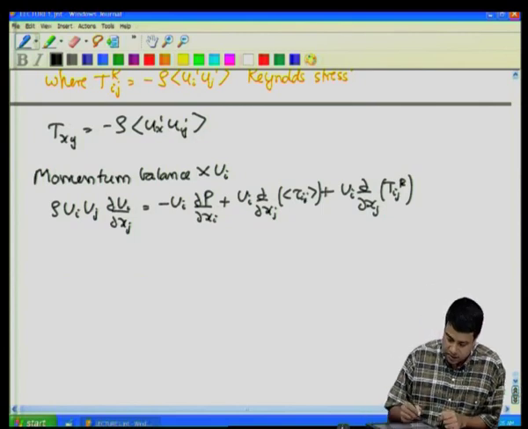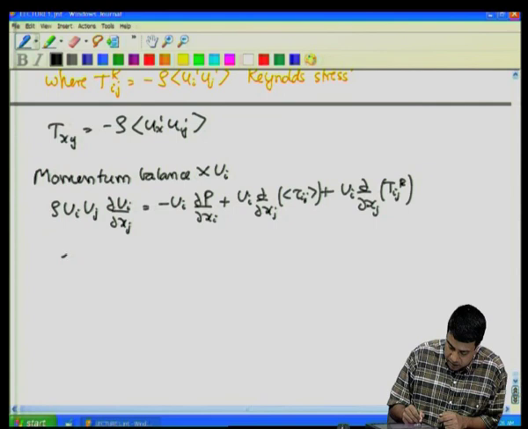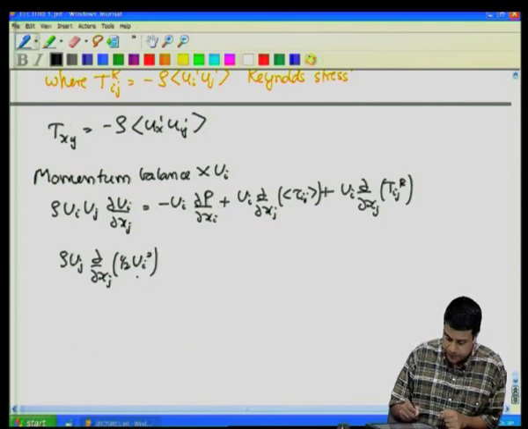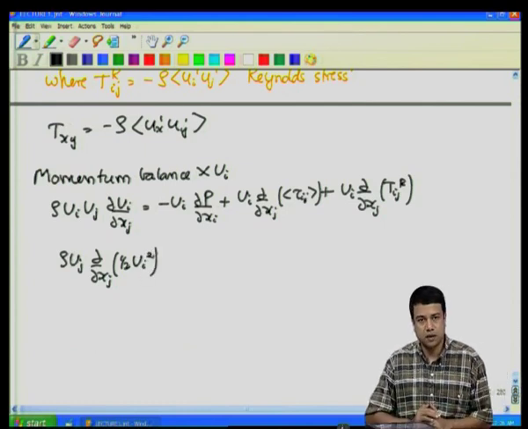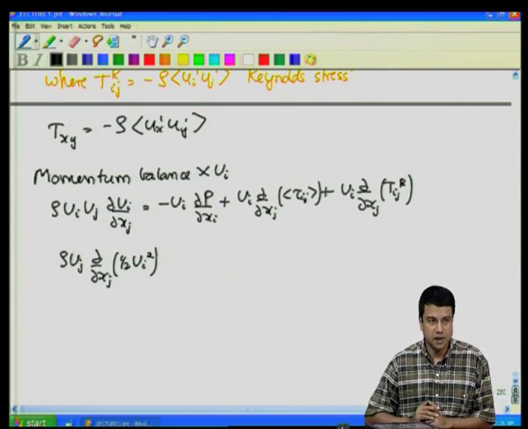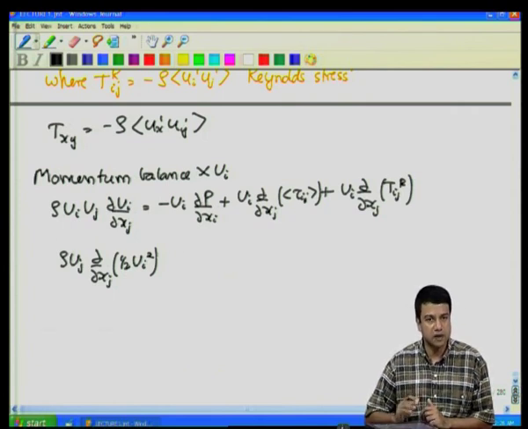The first term can easily be written as rho uj partial by partial xj of half ui square. Half rho ui square is the kinetic energy per unit volume, so this is the convective derivative of the kinetic energy per unit volume.